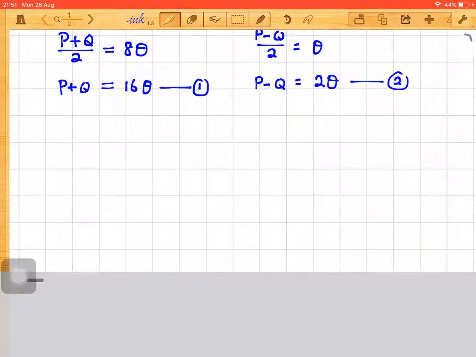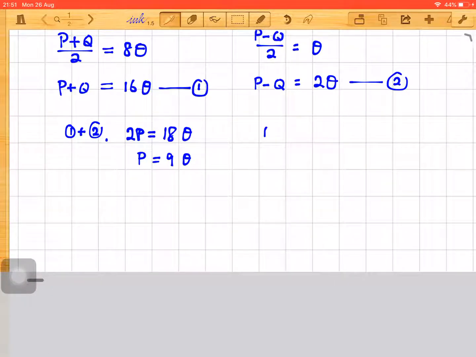You will have equation 1 plus equation 2: 2p is equal to 18 theta. So p is 9 theta. If you have equation 1 minus equation 2, you get 2q equals 14 theta. So q is 7 theta.